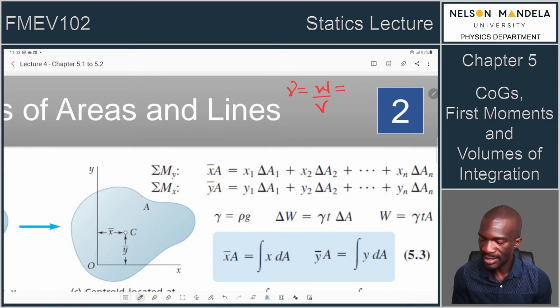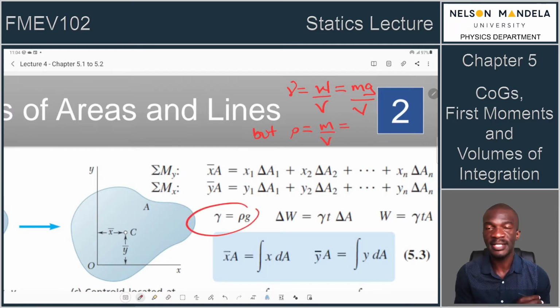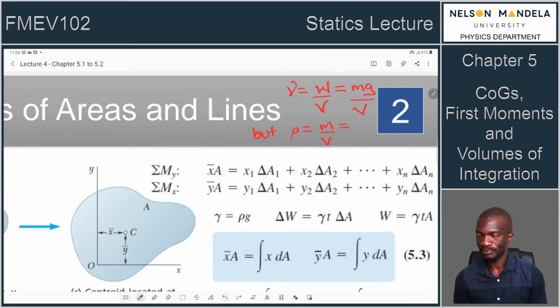We know that in the SI system of units, our weight is simply mg, and the volume is given by V. And we know that rho, which is the density of the material, is equal to mass over volume. So this implies that the specific weight of an object is given by rho g.